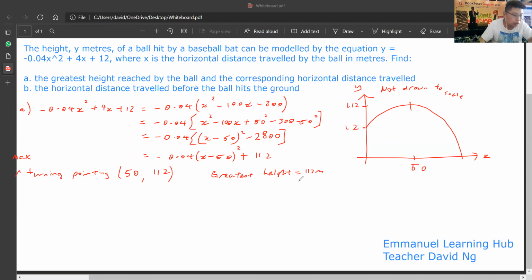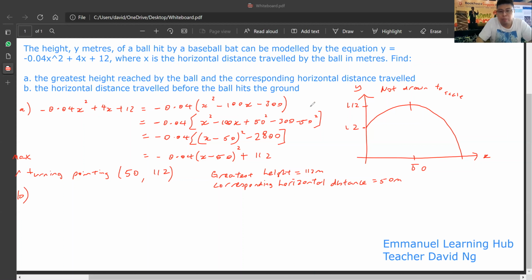And the corresponding horizontal distance is 50 meters.